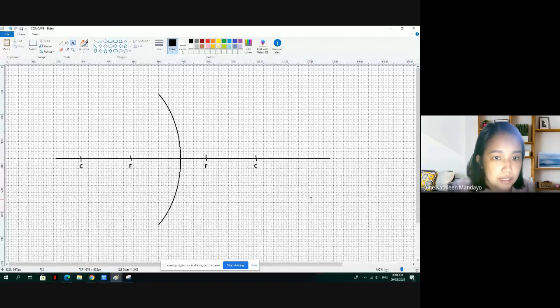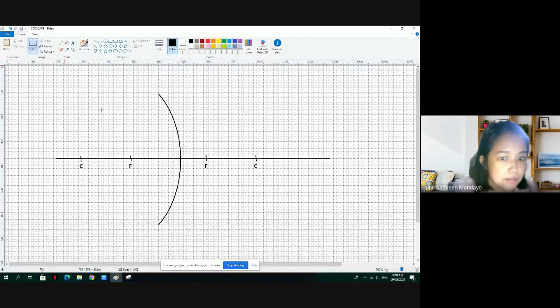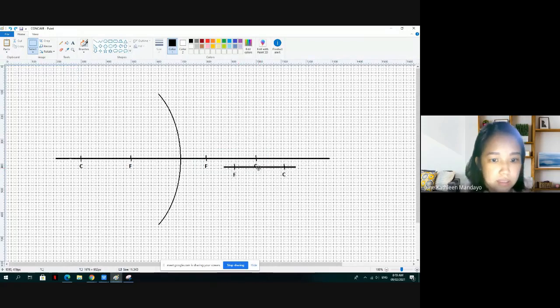You have there a concave mirror, and then you have here yung mga notations natin. Okay, teka lang. In-adjust ko lang ng konti. Mali kasi yung sizing ni ma'am. Okay. Nice.